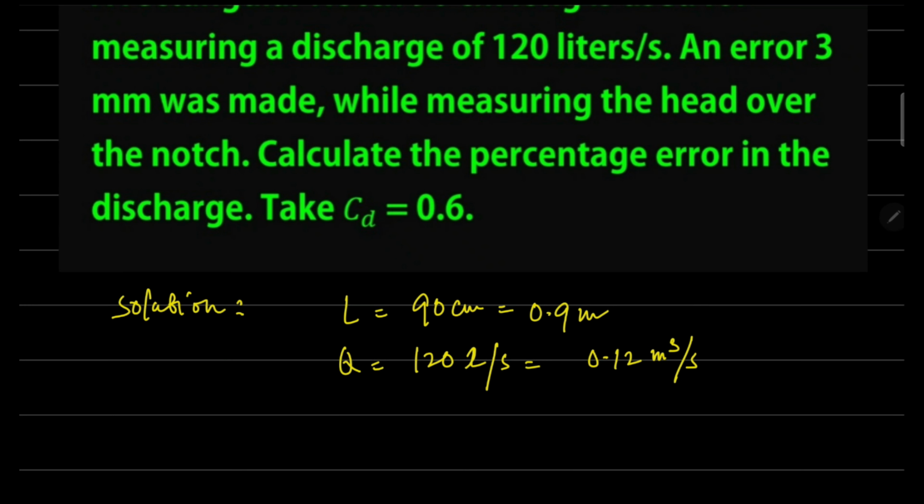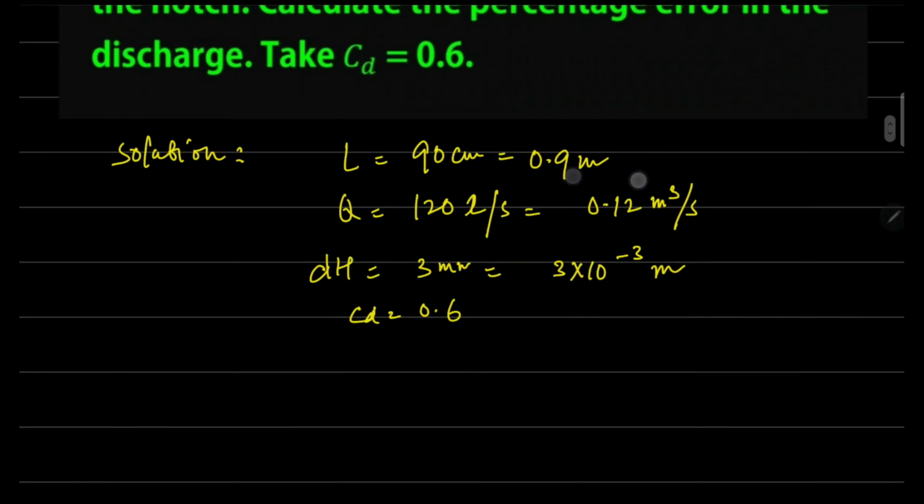And the error in the head, that is dH, is 3 mm, that means 3 into 10 to the power minus 3 meters, and the CD value which is given to us is 0.6. First of all we will find out what is the H.